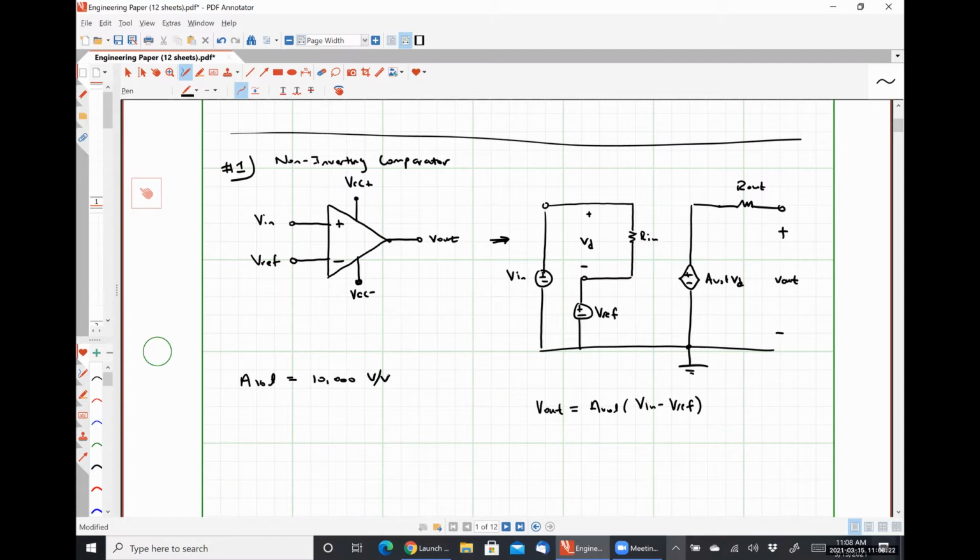So spending time defining what Rin and Rout would be in this case is pointless because they don't really do anything in this circuit, okay?